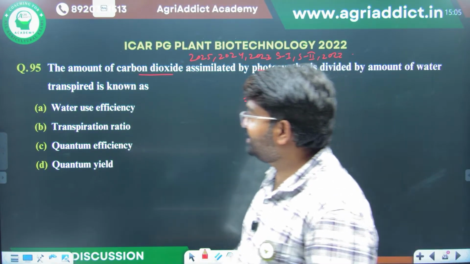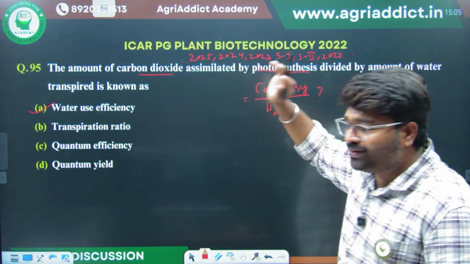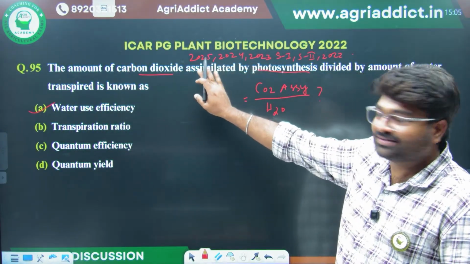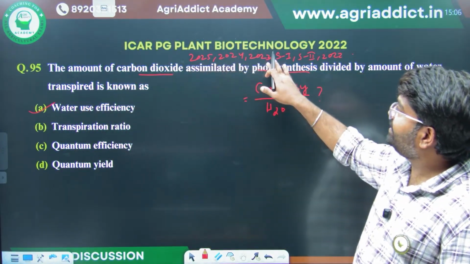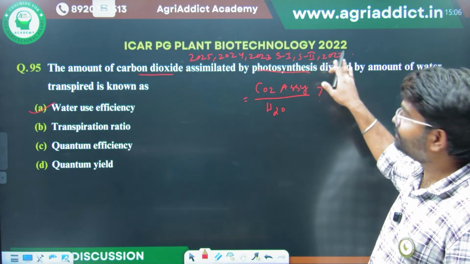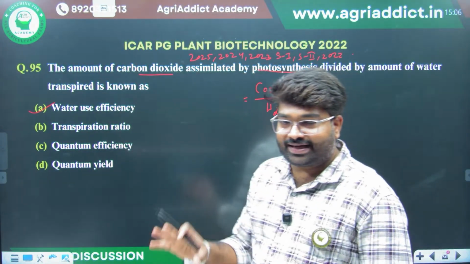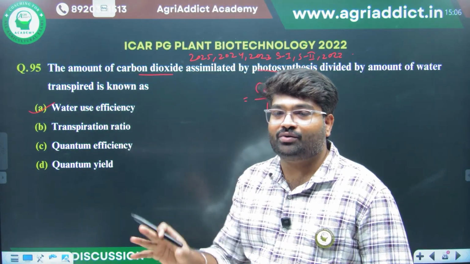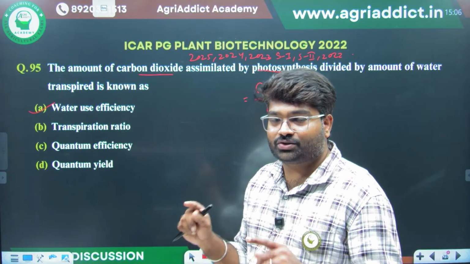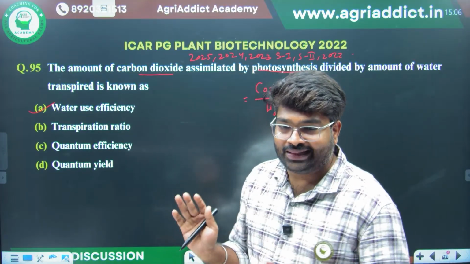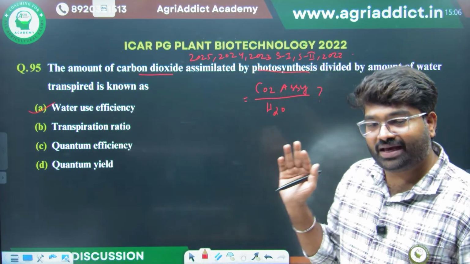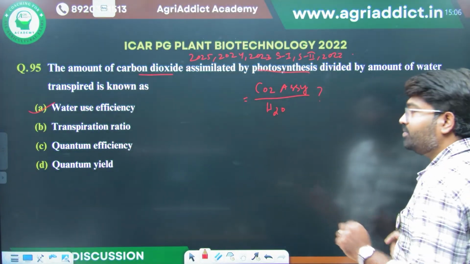Water use efficiency. You see, every year they are asking the same question. 2025, 24, 23 shift 1, 23 shift 2 and 2022. Transpiration efficiency and water use efficiency. From this, surely they are asking one question. Okay. Growth parameter analysis, from there also surely they are asking one question. You have to be very strong in that.